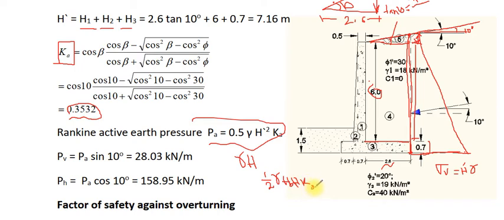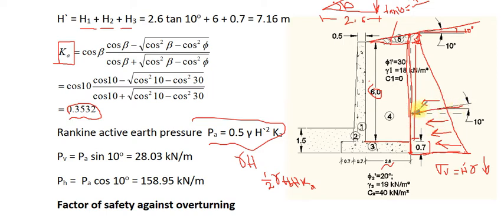K active transforms the vertical load to horizontal load. Sigma vertical is vertical load. We speak about active horizontal load, so we have to multiply it by K active. Therefore, we have the active forces here, and the resultant is this.